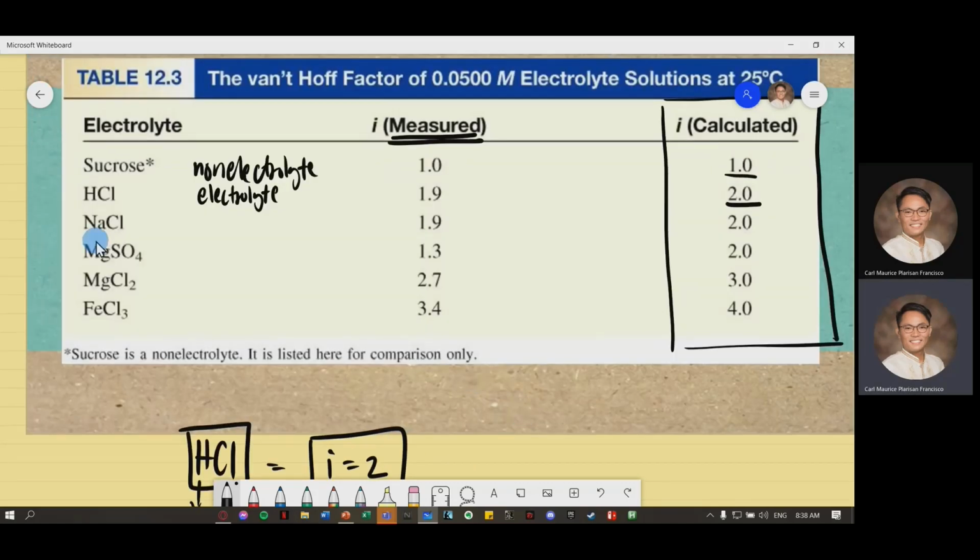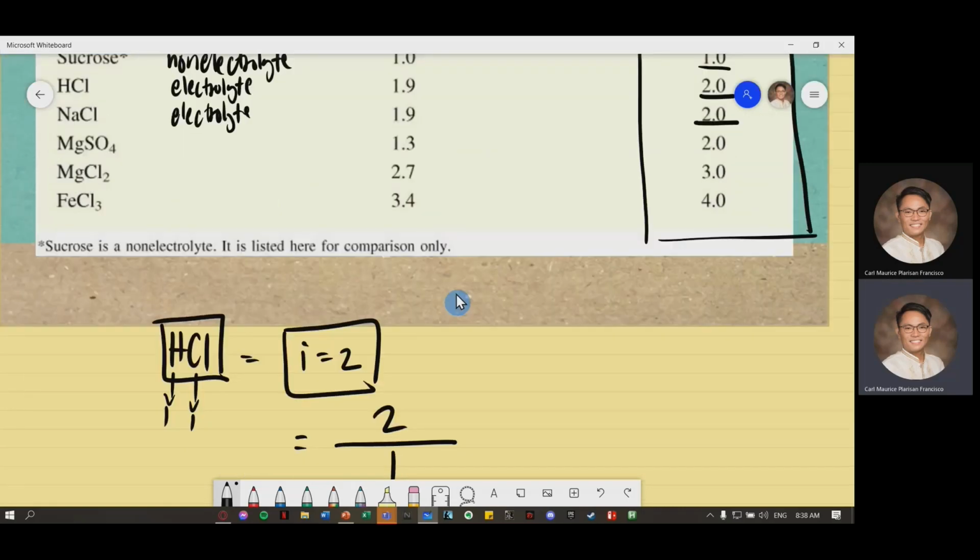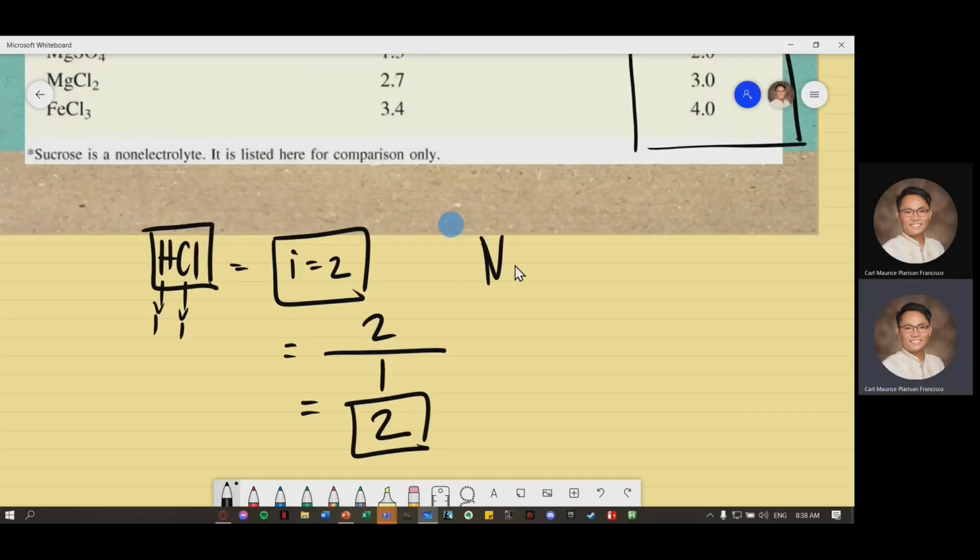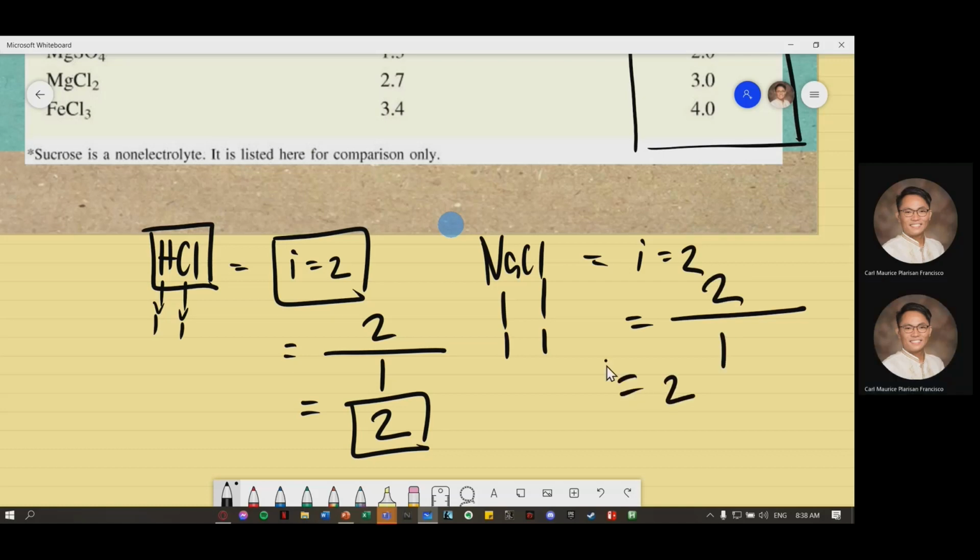Okay? Okay, NaCl. NaCl is electrolyte. Van Hoff factor, 2. Paano naging 2? Ano lang din po, NaCl. 1 sodium, 1 chlorine, i is equal to 2, or using the equation, 2/1, 2. Okay?